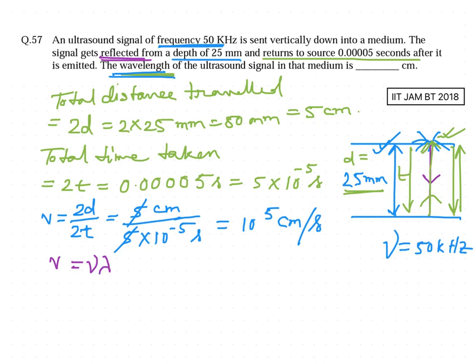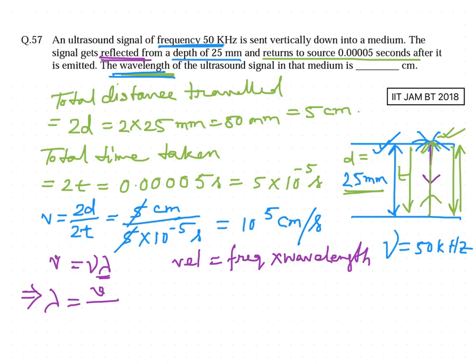That is velocity equal frequency times wavelength. So from here we get lambda, that is the wavelength, equal V by nu, that is velocity divided by frequency.